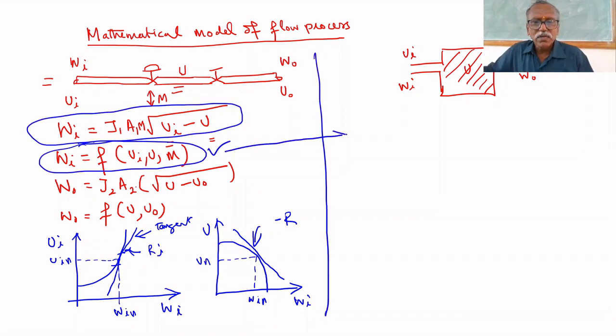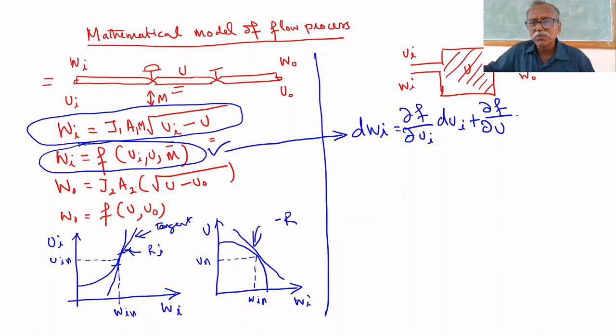If you find the total differentiation for this, dWi equals dou f by dou Ui dUi plus dou f by dou U dU plus dou f by dou M dM at the nominal operating point.